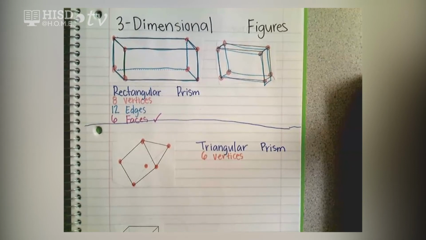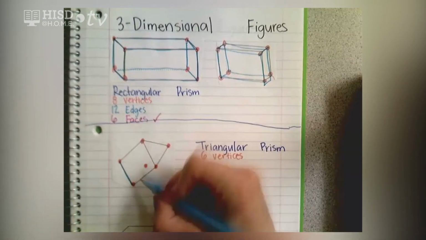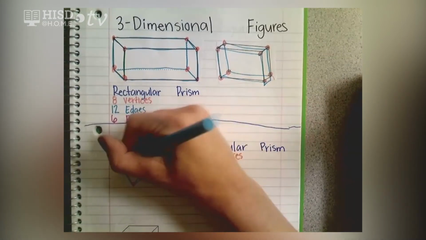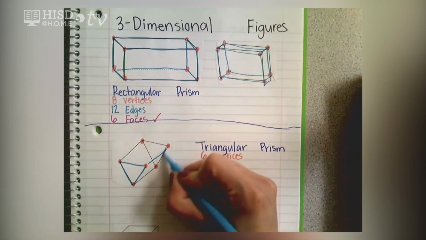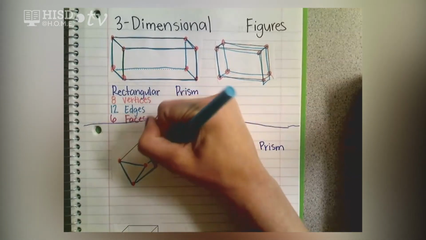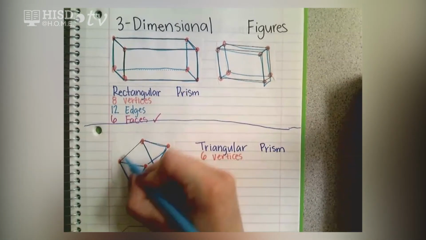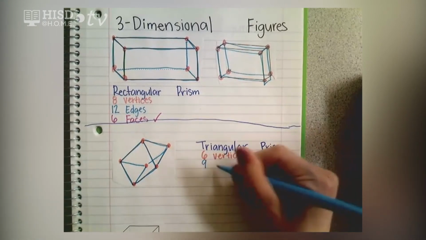Now let's count our edges. 1, 2, 3, 4, 5, 6, 7, 8, 9 edges.